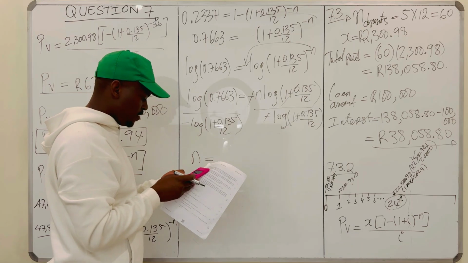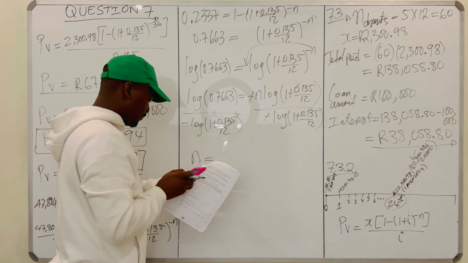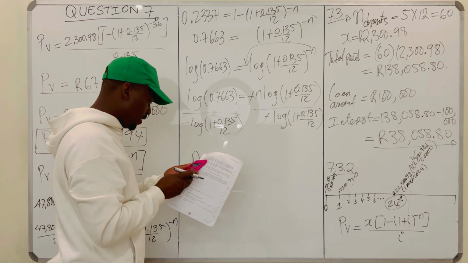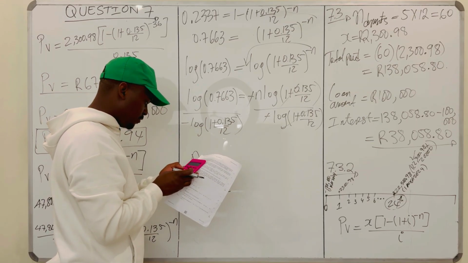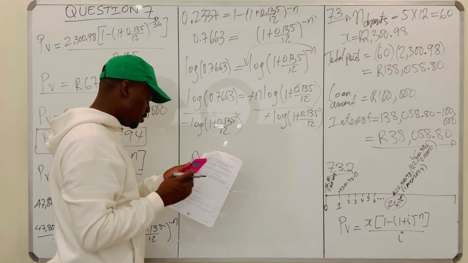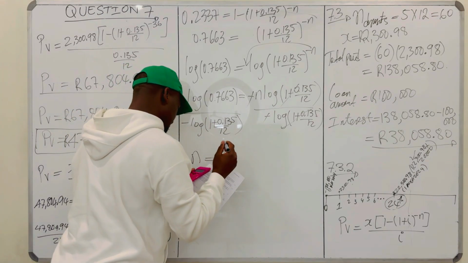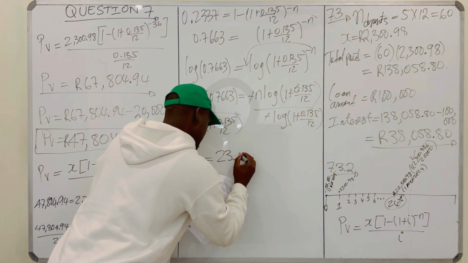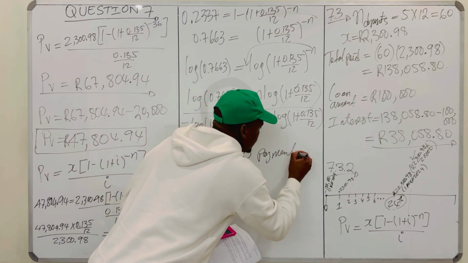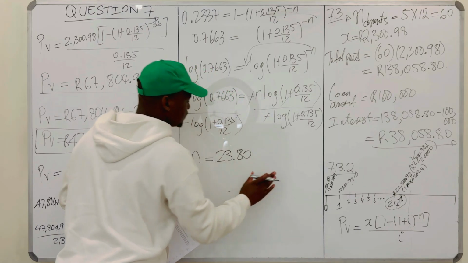So you have log of your answer over the negative log of 1 plus 0.135 over 12. What do you get? You get that your n is equal to 23.80 payments, right? These are the number of outstanding payments.